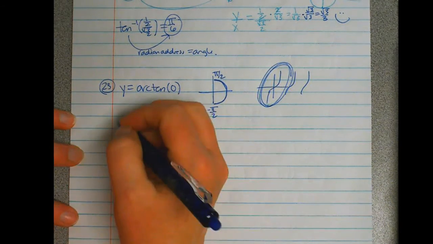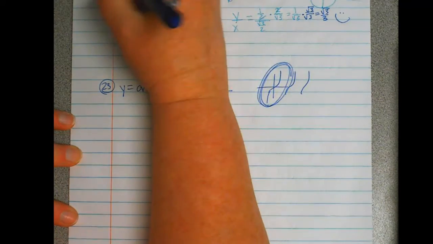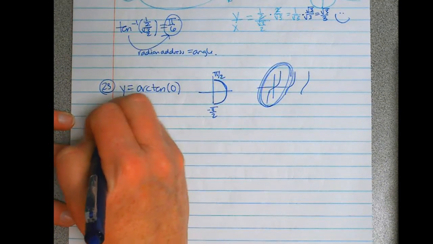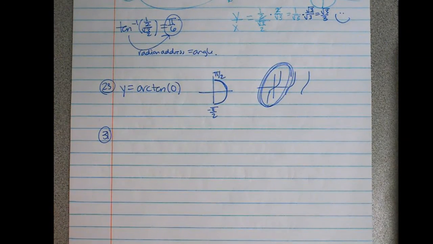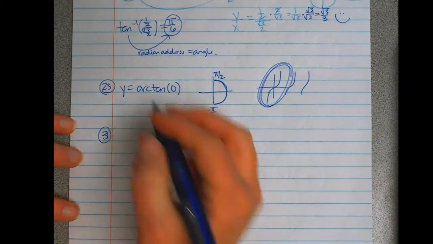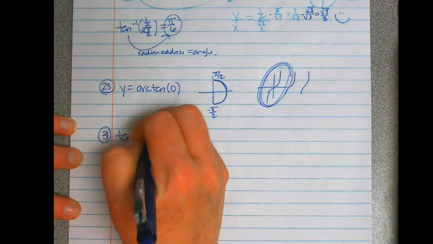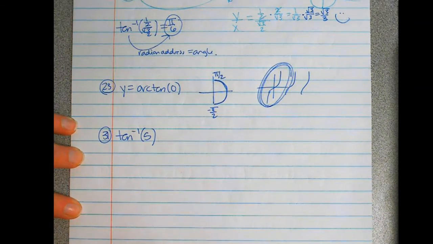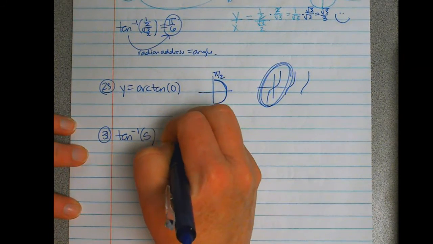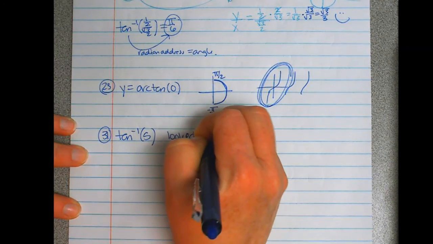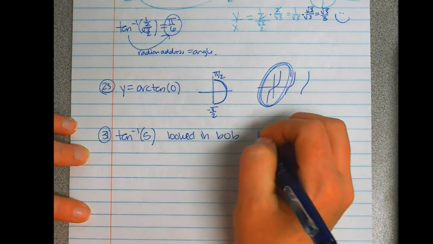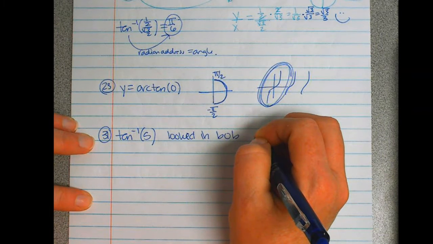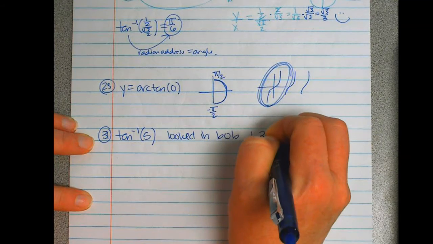I had a great one. 23. Okay, so then next was 31. 31 says tangent inverse of 5. In 31, if you looked in the back of the book, it says 1.3734.